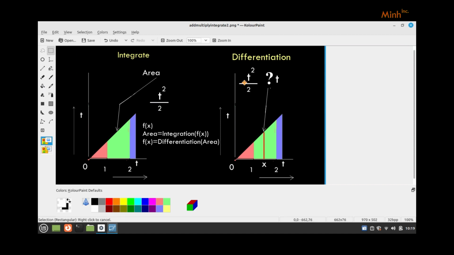If the area is t square, then differentiation is denoted as d by dt. So it is d t square by dt.